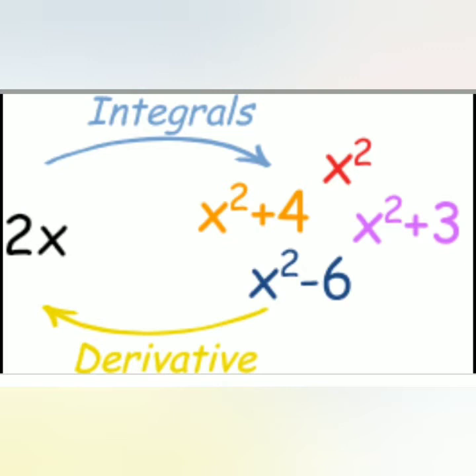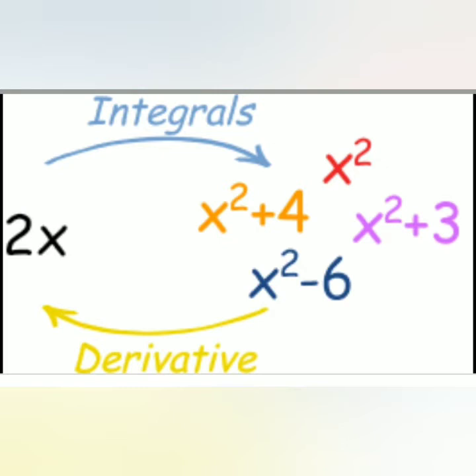We can also get x square plus 4, or we can get x square plus 3, or x square minus 6, or in general, we get x square plus c. C can be 0, c can be 4, c can be 3, c can be minus 6, or we can say c can be any real number.